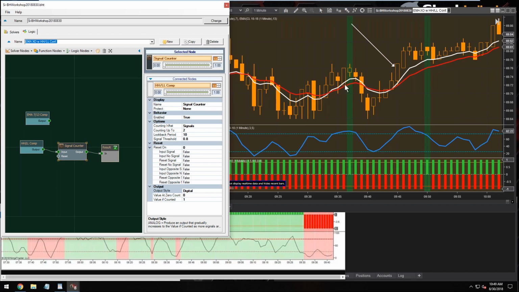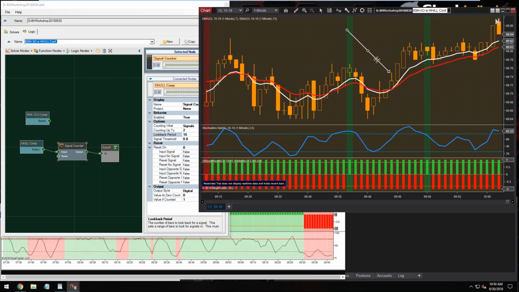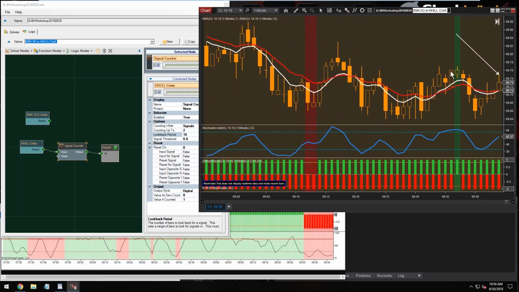Well, actually it is. It's constantly finding that second higher high or that second lower low within this 10-bar look back. Remember, on each bar, the signal counter gets to look back 10 bars. So if we start here, and we look back 10 bars, well, there's definitely 2 higher highs and 2 lower lows.